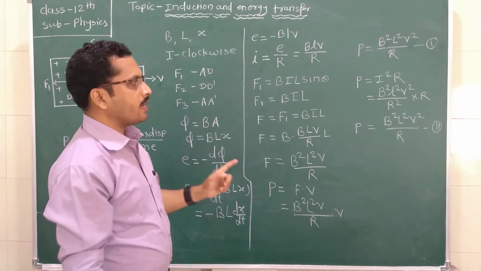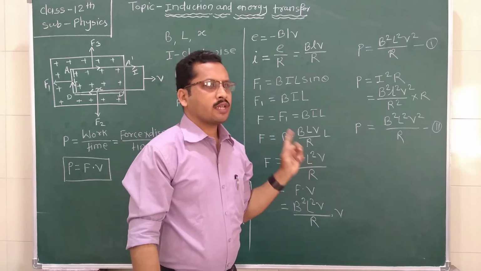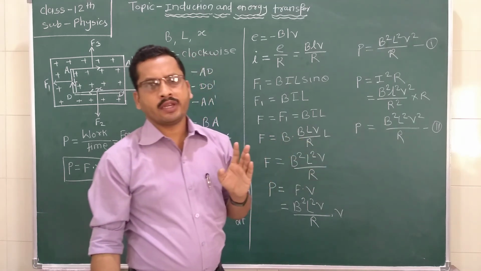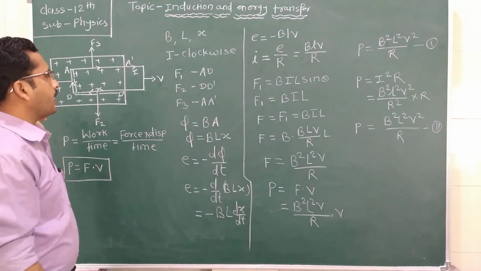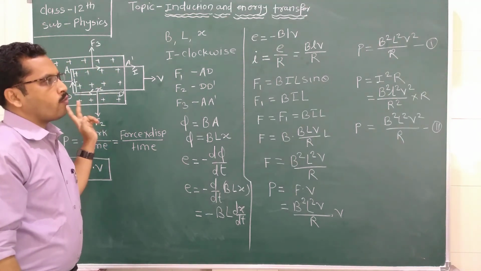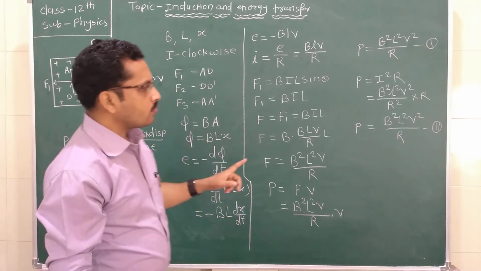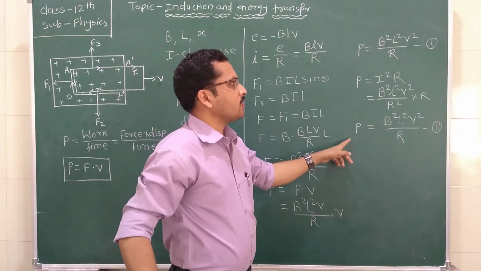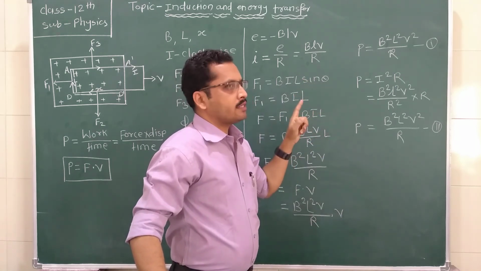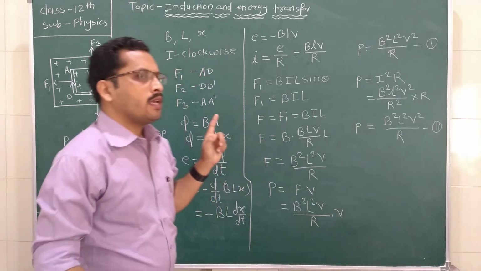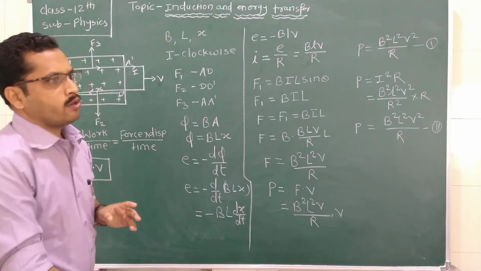So the work done is totally converted into heat in the loop. By equating these two equations, we can say that the power generated inside the loop is always equal to the heat generated inside the loop.